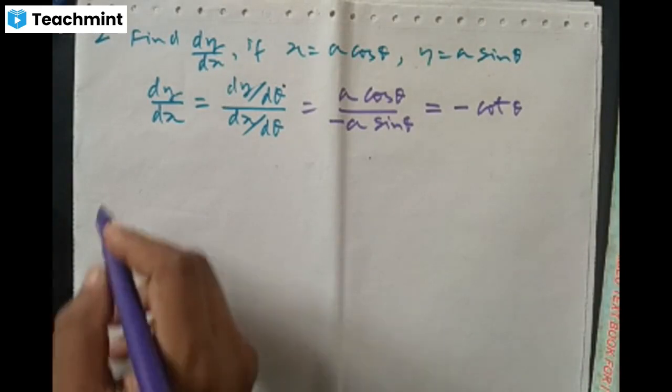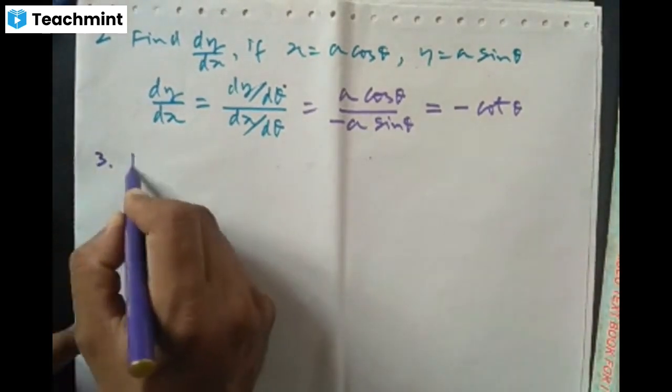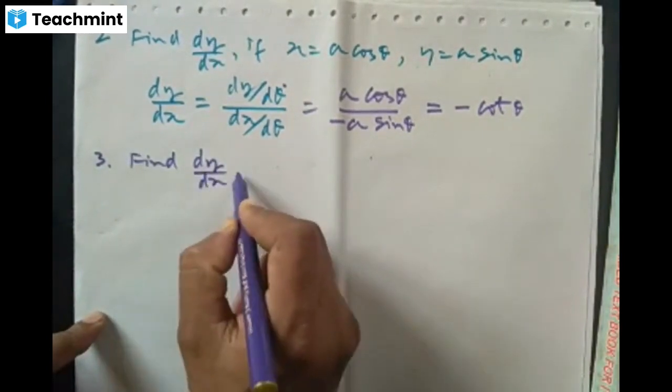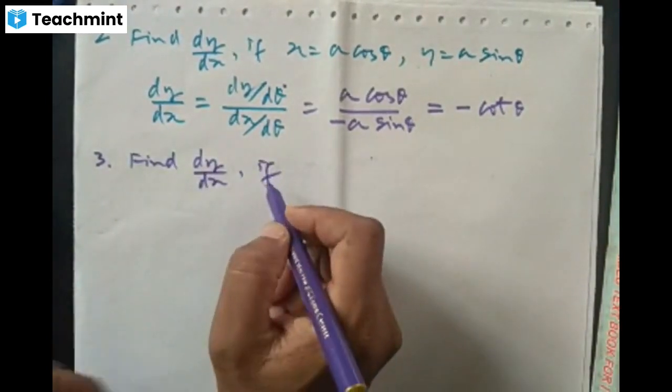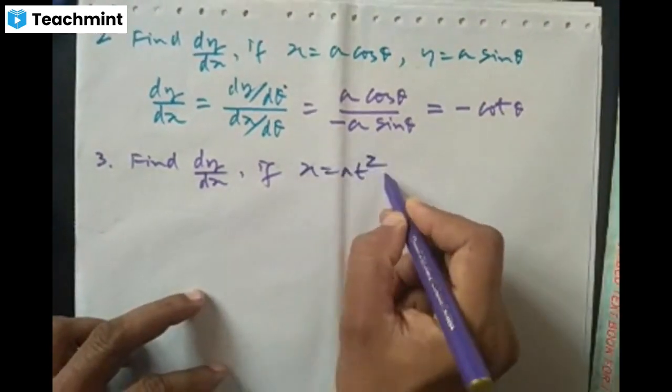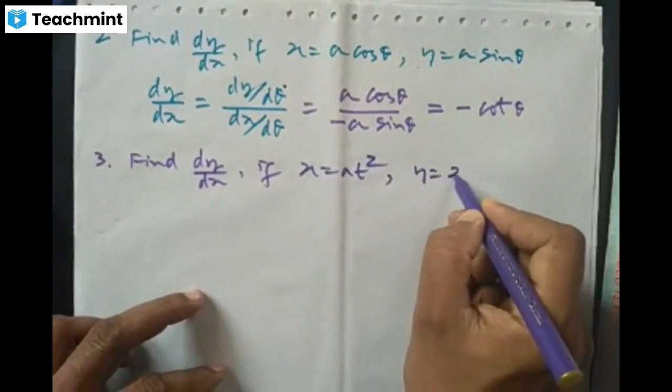Next, problem number 3. Find dy by dx if x is equal to a into t square, y is equal to 2at.